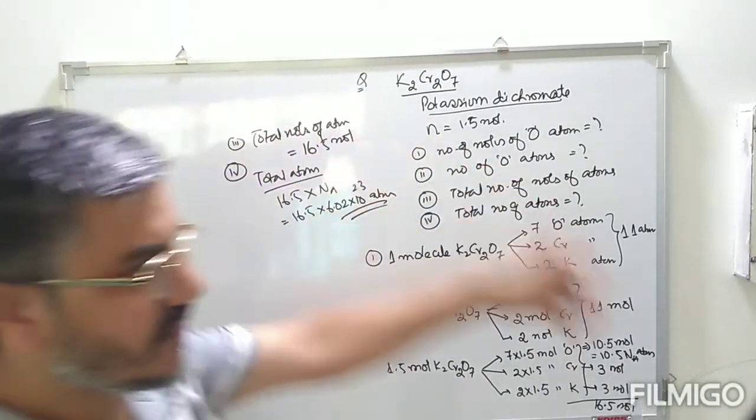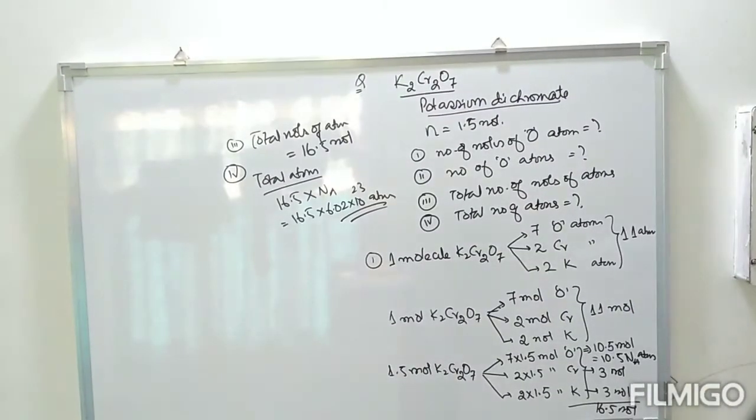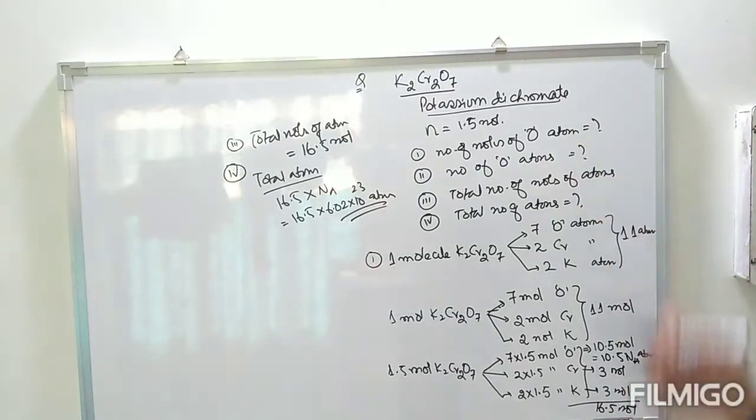So this is how we define the total number of atoms and total number of moles of atoms in any given sample.